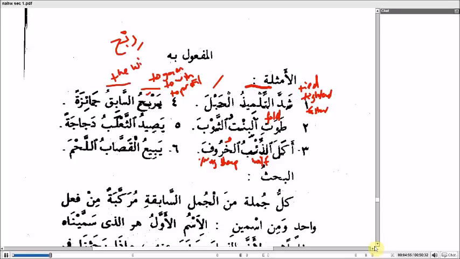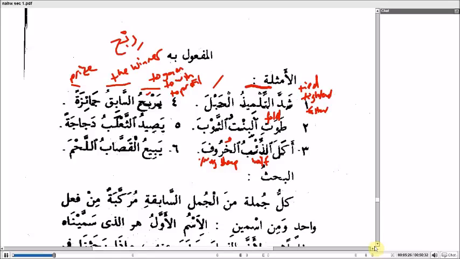The one who went across the line first, the one who won the race or won the competition. As-sabiq. Jaiza is a prize. Alright? جائزة. يربح السابق جائزة.